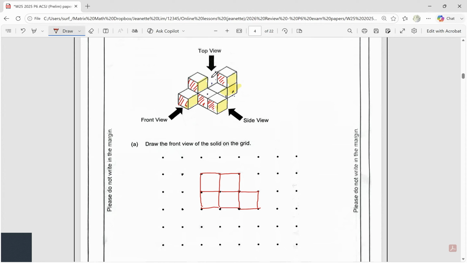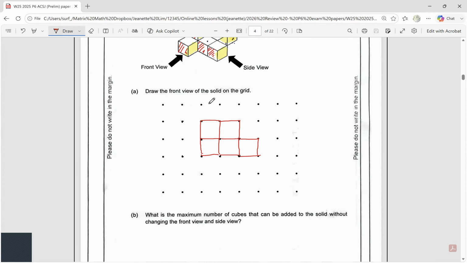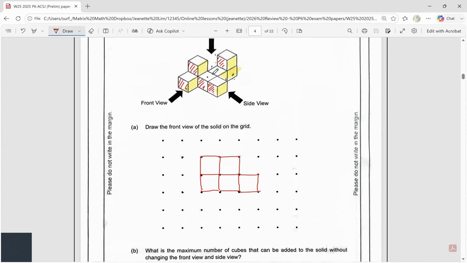But over here, you cannot add here, but you can add the one behind, next to this. Okay, so that's 8. So total 8. So 6 in the first layer, 2 on the second layer.